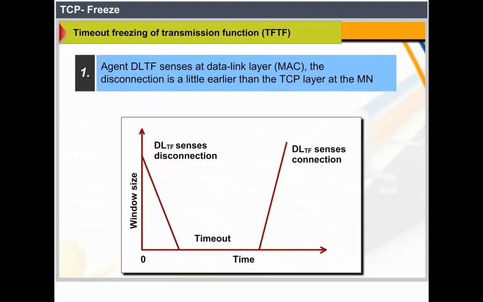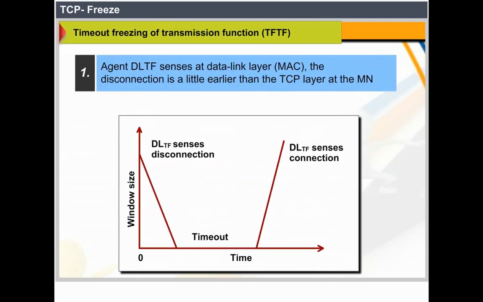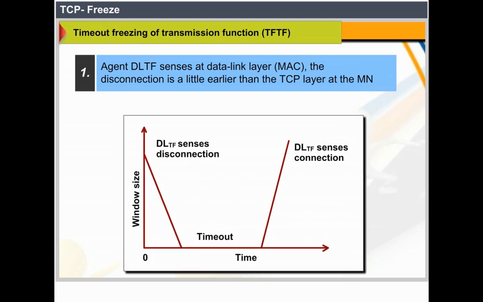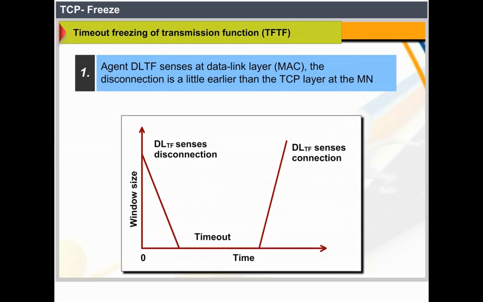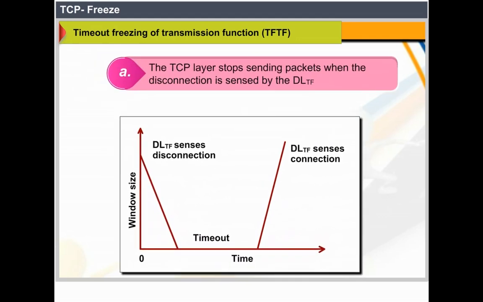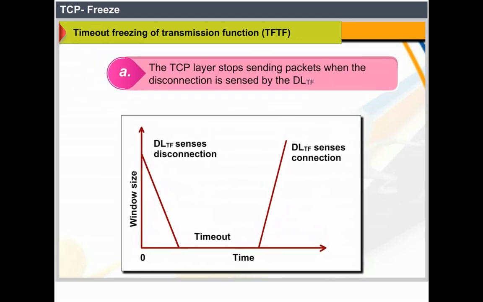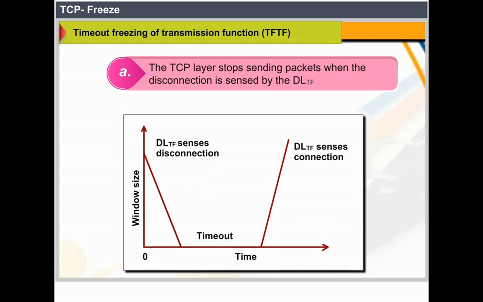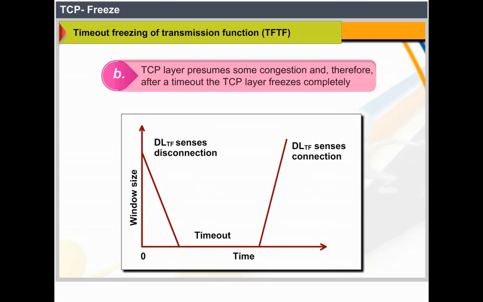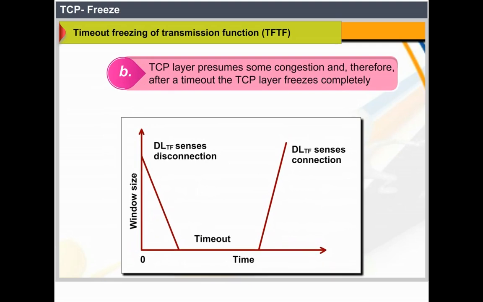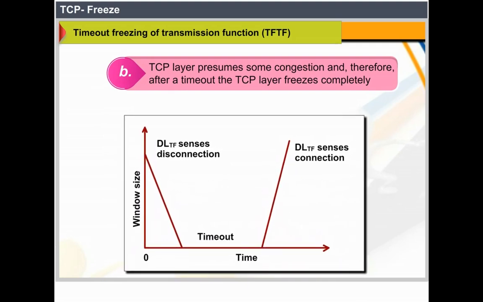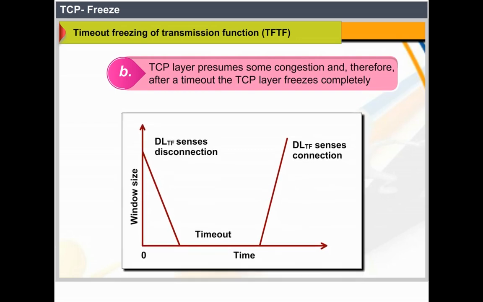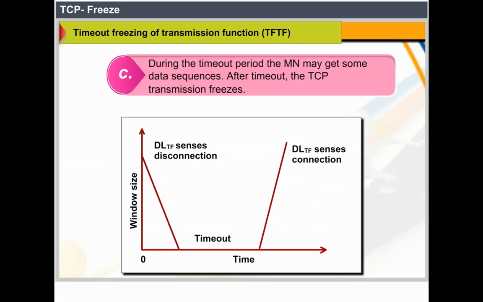Agent DLTF senses at the data link layer MAC the disconnection a little earlier than the TCP layer at the MN. The TCP layer stops sending packets when disconnection is sensed by the DLTF. The TCP layer presumes some congestion and therefore, after a timeout, the TCP layer freezes completely.